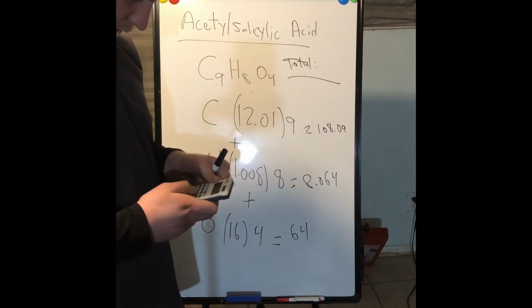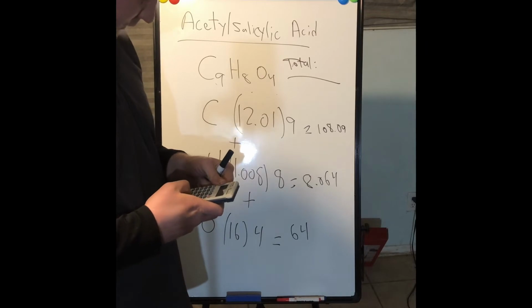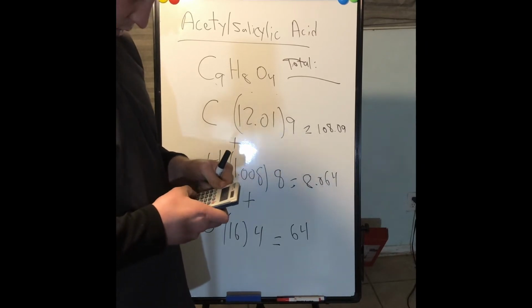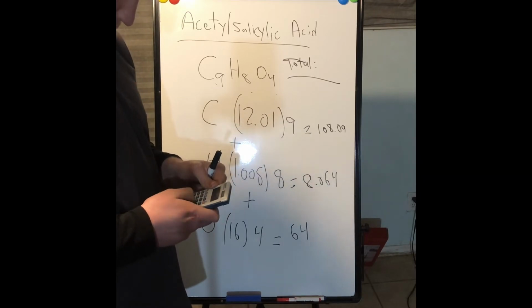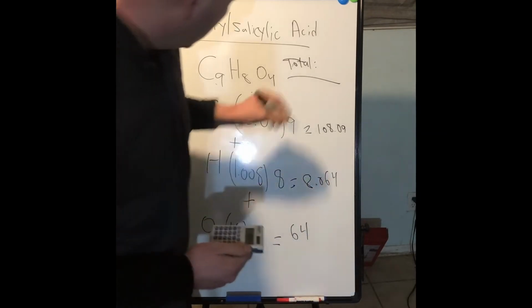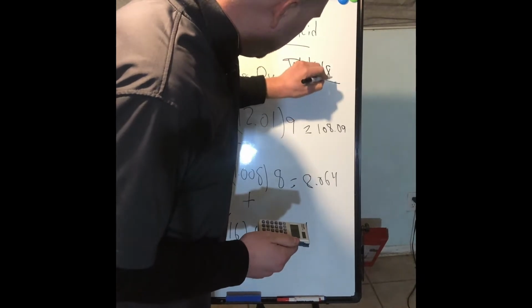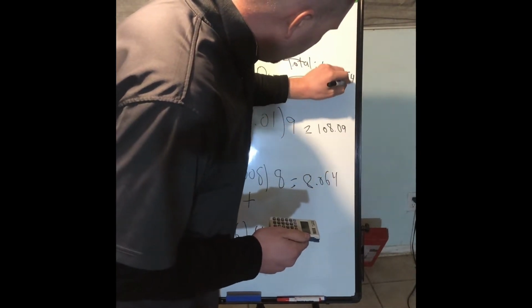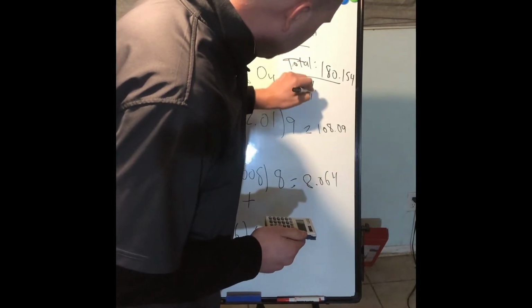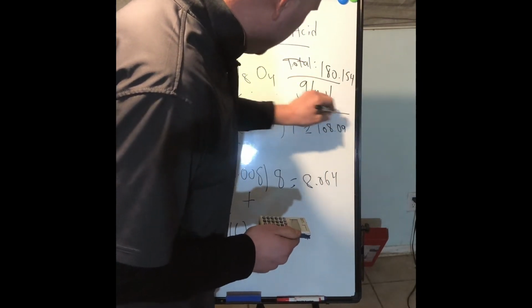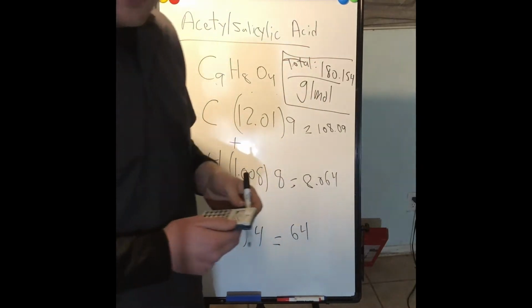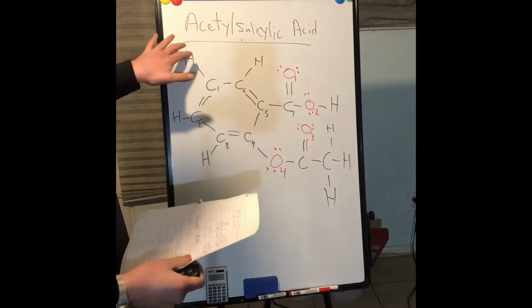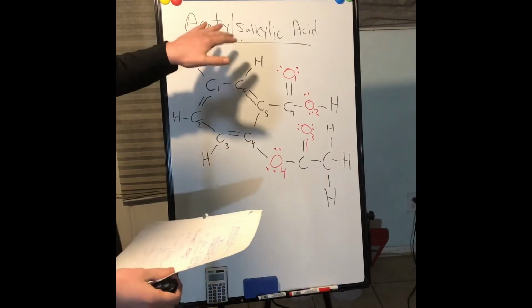If we add these all together, 64 plus 8.064 plus 108.09 is 180.154 grams per mole, and that's the molar mass of aspirin.